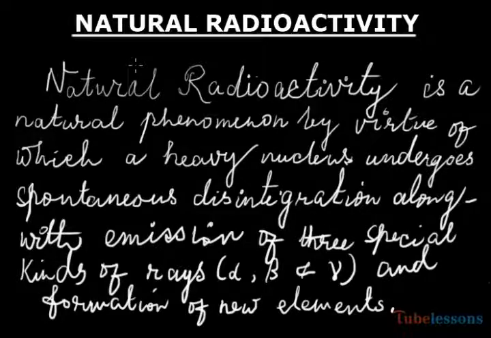And he was astonished to see the print of the key, and he thought how this print of the key is observed. Then he concluded that three special kinds of rays are emitted from the nucleus of uranium.